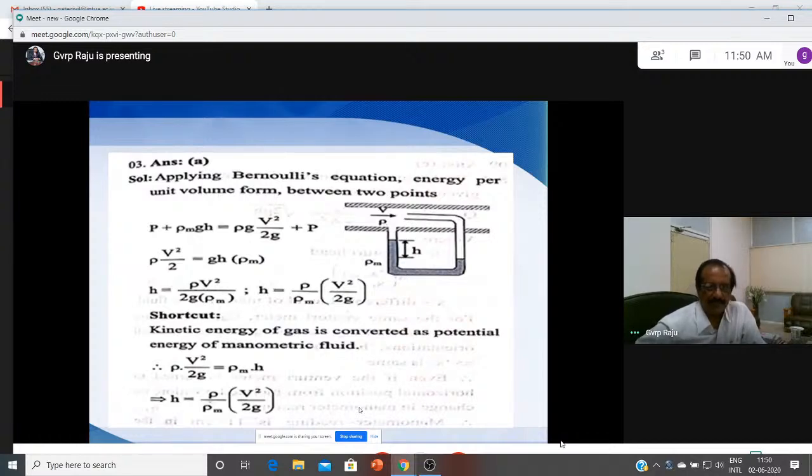Number 3. Instead of applying Bernoulli's equation, a shortcut: the kinetic energy of the gas is converted to the potential energy of the manometer liquid. So we take kinetic energy and pressure energy. Kinetic energy is half m v square, where m is the mass, with mass density rho, giving half rho v square.